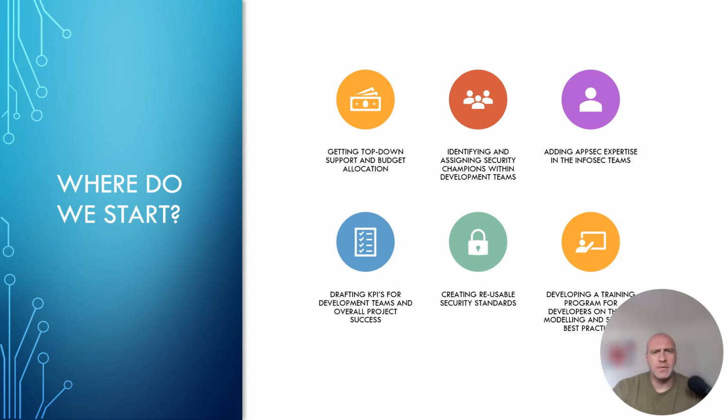First and foremost, I think the most important part of it is getting top-down support and budget allocation. What do we mean by that? So essentially, we need senior leadership support to get the program underway. We will need budget, and the budget does not necessarily mean that it has to be a big spend to get the program off the ground, but we will definitely need support in building the rest of the requirements in our DevSecOps framework.